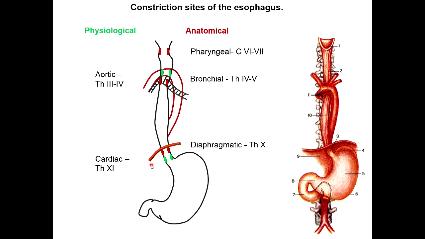It designated here by the green lines, and they correspond to those part of esophagus which prolongate to the pars cardiaca of ventriculus. That's why we use this name, cardiac constriction site.